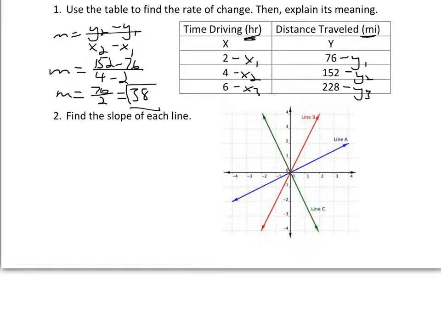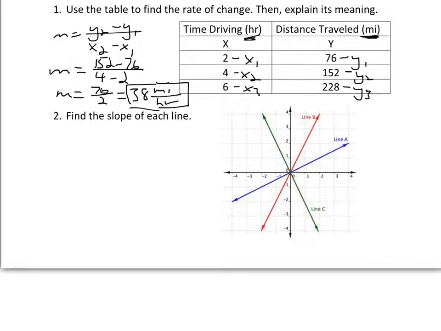So in order to find the meaning, all you have to do is write these: change in y is on top of our fraction, miles, and change in x is our denominator. So what that means is 38 miles per hour, or you could use mph, obviously, for miles per hour. So that's just giving you the speed that you're traveling.